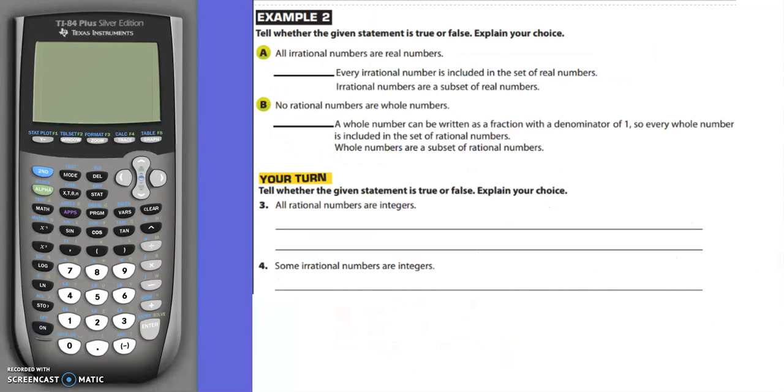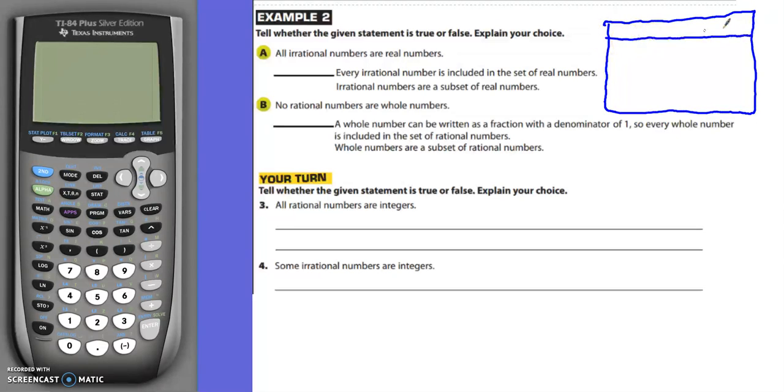Okay, flip it over to the back side. All irrational numbers are real numbers. Well, if you remember our graphic organizer, inside of our graphic organizer, we have the real, and inside the real, we have the rational and we have the irrational.